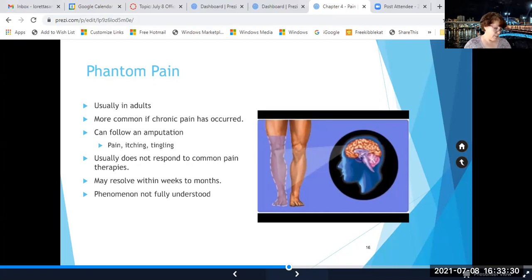Sometimes phantom pain can be debilitating, and it usually doesn't respond to common pain therapies. Sometimes it resolves within weeks to months after the amputation, and sometimes it doesn't. It's not fully understood.